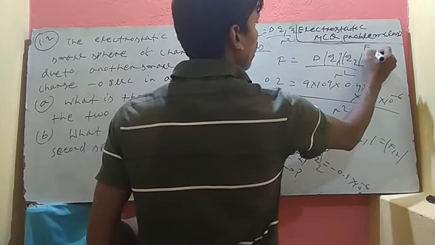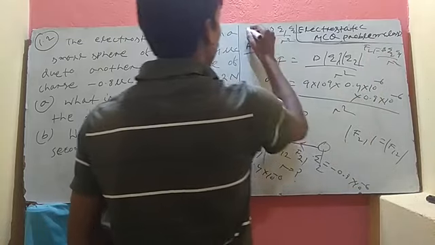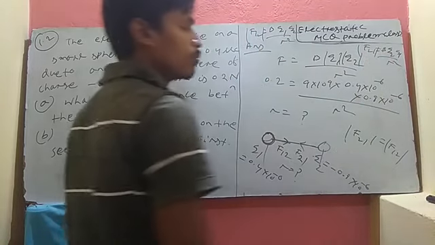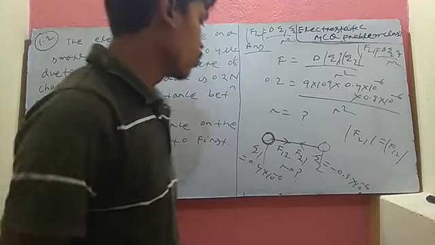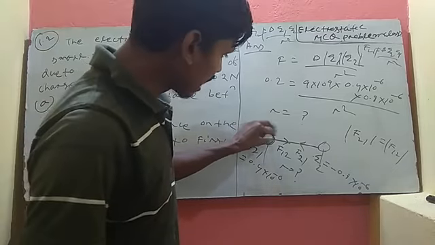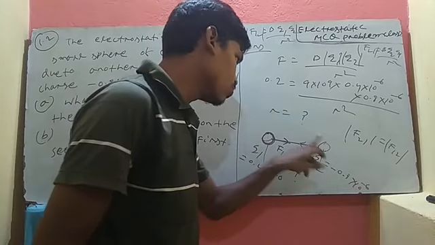Similarly, F21 is beta Q2 Q1 by R square. So the magnitude of F21 is equal to F12. Same. So the force acting on this charge due to this charge is equal to the force acting on this charge due to this charge.